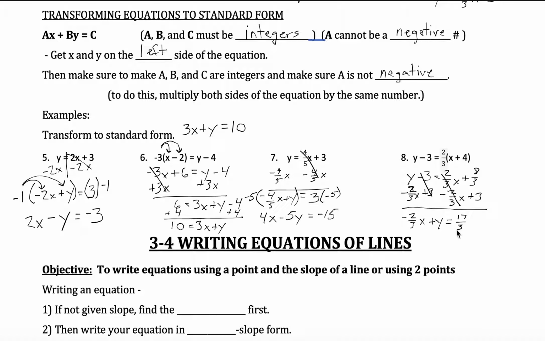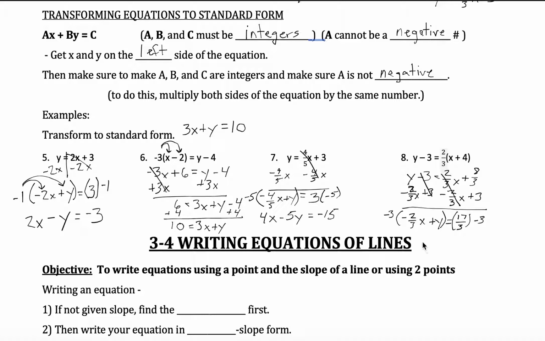Now, we can't stop there, even though we have our x and our y on the left-hand side. We need to get rid of the fractions in both our a value and our c value. We also need to get rid of the negative from the a value. So to do this, we're going to multiply both sides by -3.